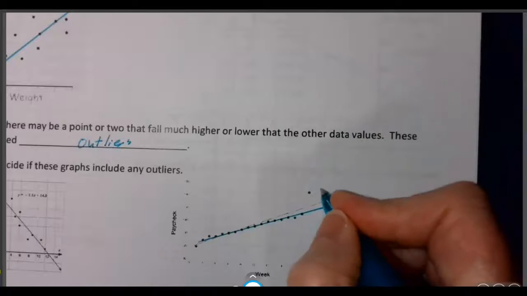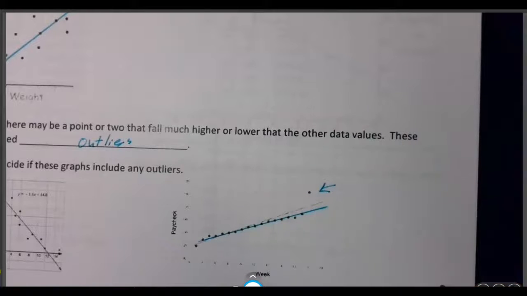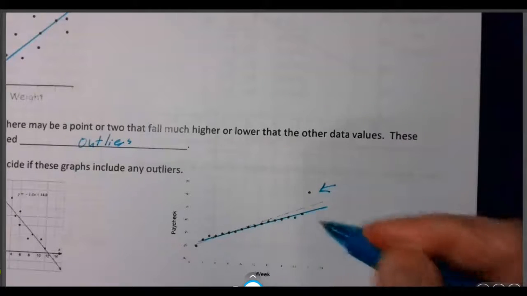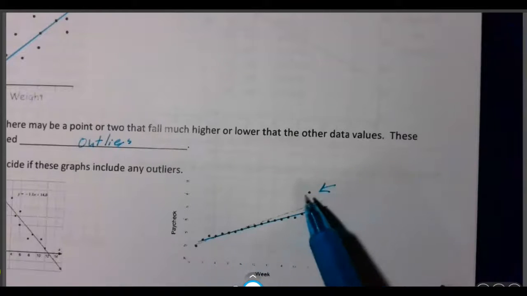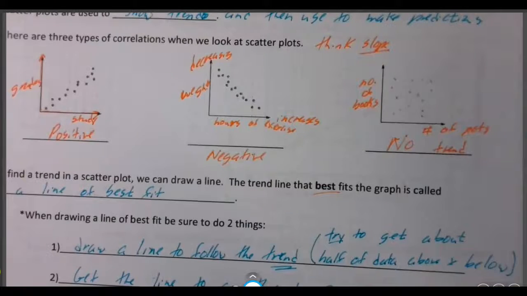Okay. And if this were my line of best fit, see this little boy up here, or girl, or person, or object? See how it's way away from everything else? Everything else is kind of close to it. This one is way off. So we have an outlier up here. Okay, so that's called an outlier. It's just a little further away. And we'll talk more about that when we get into some statistics, on the back page.